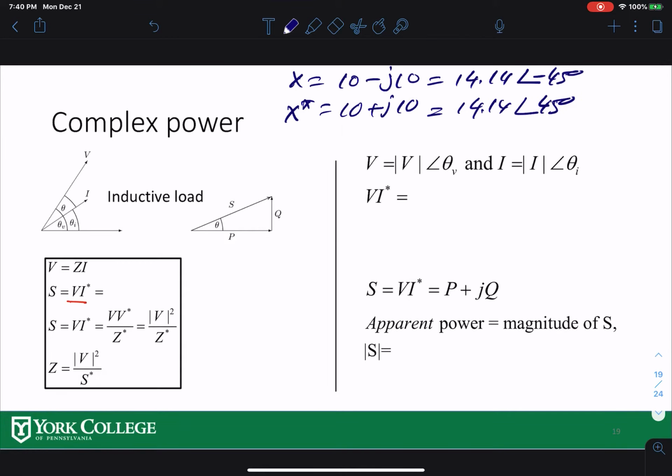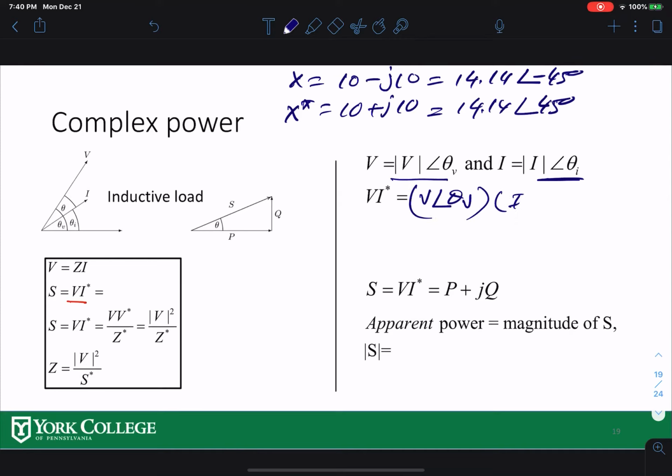So your complex power is voltage times the current conjugate. For this particular load over here, this is the voltage, this is the current, right? So this is the voltage angle from the reference here, theta V, and your current angle is theta I. So your VI conjugate will be V at angle theta V, right?